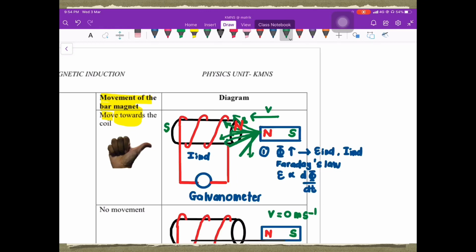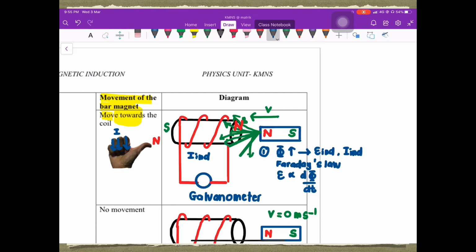By using the right hand grip rule, your thumb represents the direction of the north pole. We can see here your fingers point downward, referring to the direction of current.